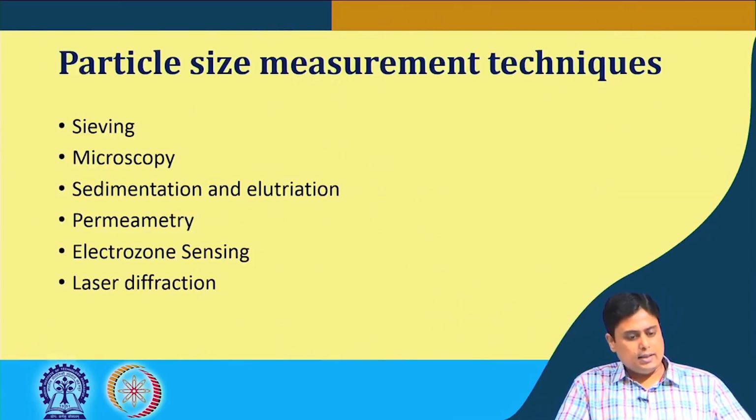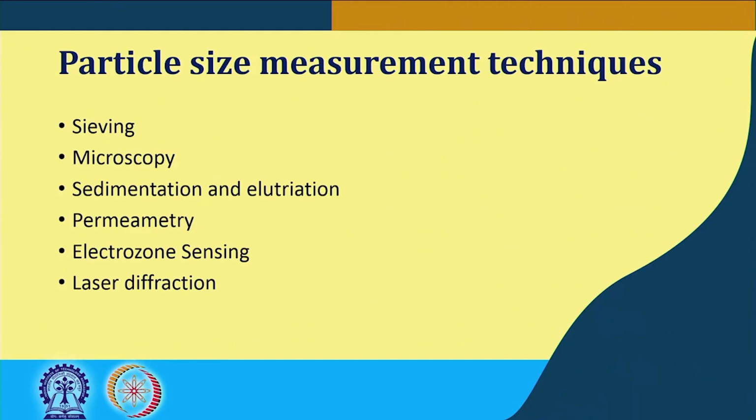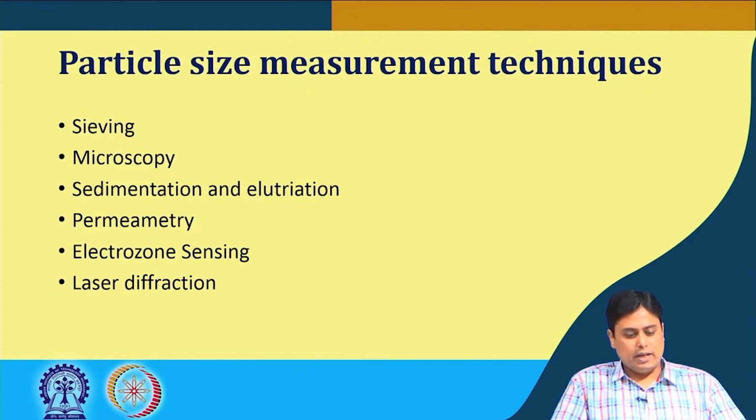So, the point is, how do we measure a particle size? These particle size measurement techniques we will be discussing in detail in the next lecture. But let me give you an overview of what we will be covering in the next lecture: the different methods by which we typically characterize a single particle, which are sieving, microscopy, sedimentation, elutriation, permeametry, electrozone sensing, and laser diffraction methods.